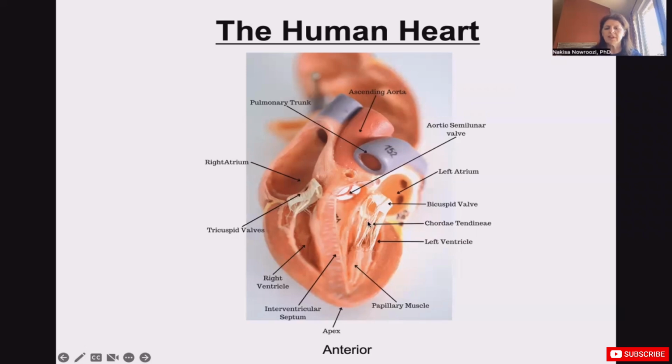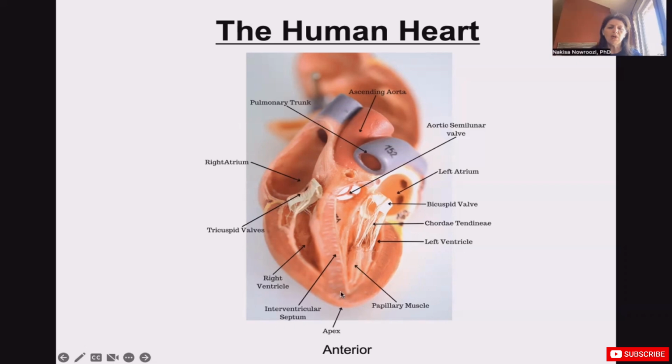Both tricuspid and bicuspid valves are connected to these muscles called papillary muscles through chordae tendineae. These papillary muscles, when they contract, they pull these strings and open the valves, so the blood can stream from the atria into the ventricles.